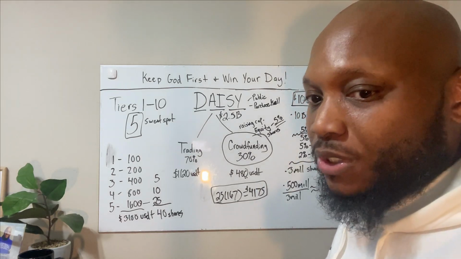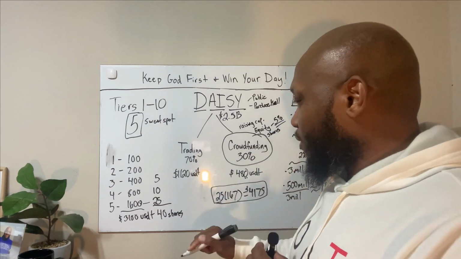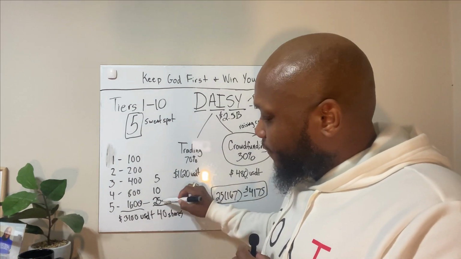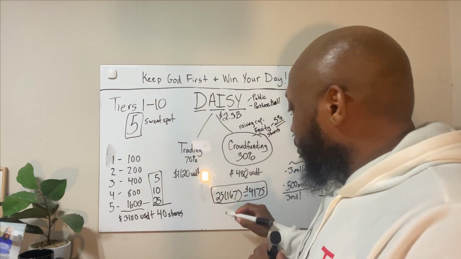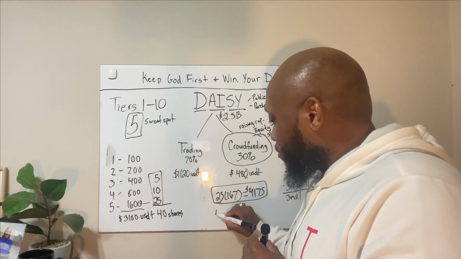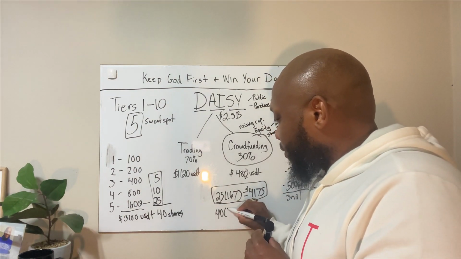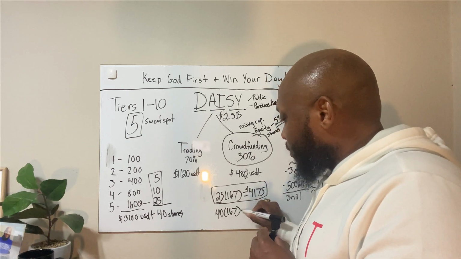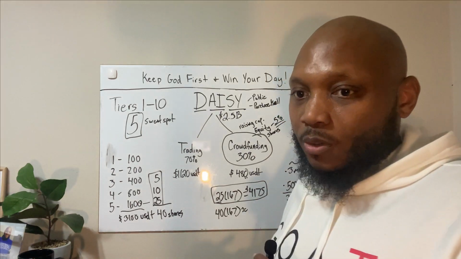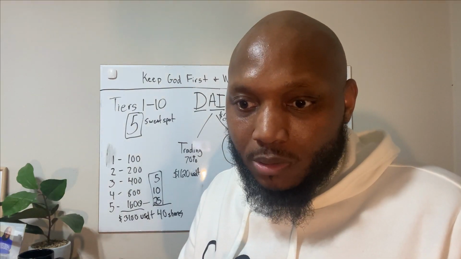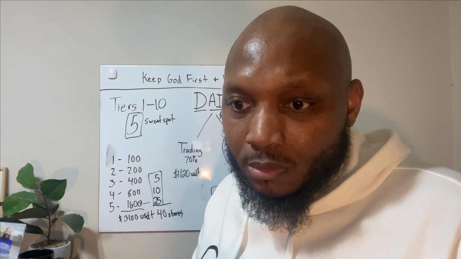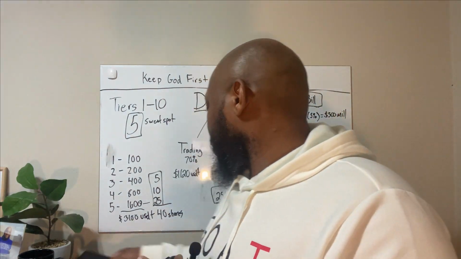So now what's pretty cool here is, remember, to get to tier 5, it's cumulative. So in reality, that's 40 shares at $167 a share, okay? Which comes out to be, let me look at my numbers. Oh, I don't have it.